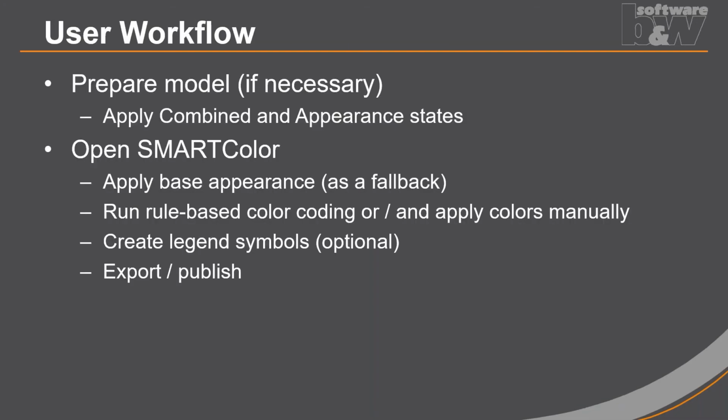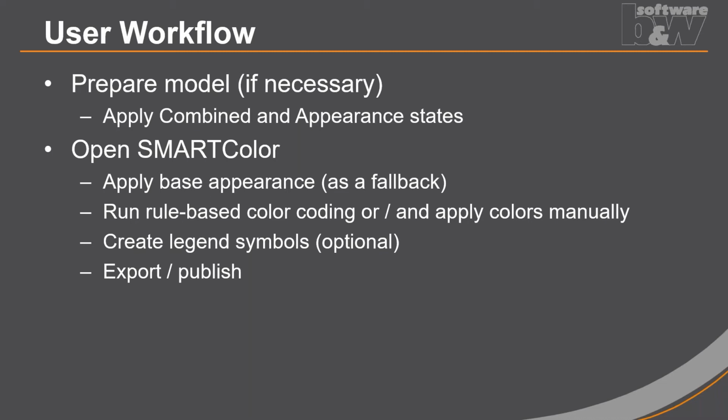That's what an administrator has to do. If you now look at the workflow the user faces, he opens up a model and thinks, that's what I want to color code now. He needs to make sure that the combined states and the appearance states are available in the part.